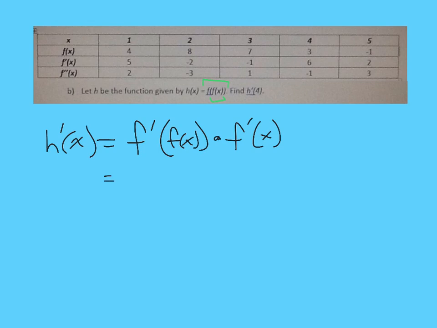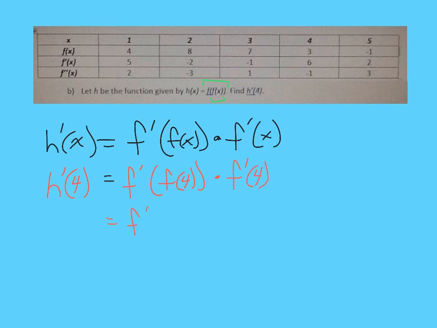So now we are going to just go to our chart again and evaluate this, because we want h prime evaluated at 4. That becomes f prime of f of 4 times f prime of 4.